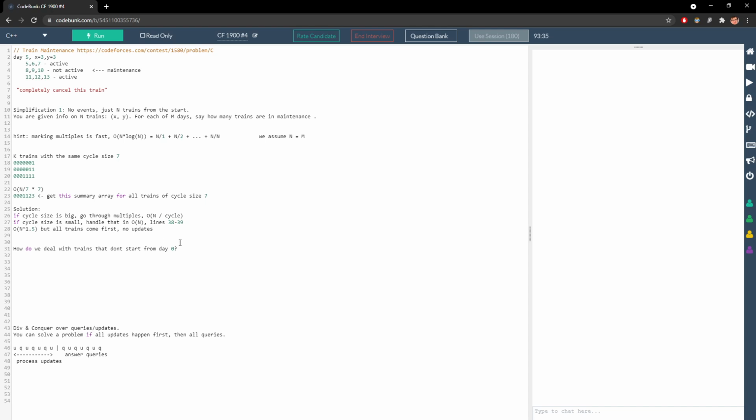But, so issue. We can't use prefix sums if all of this is online. So we go through the sequence in the input and something happens and it affects some days, then something happens. Like, it's not true that all the updates go before all the queries.